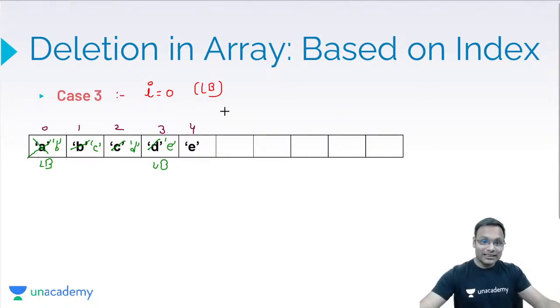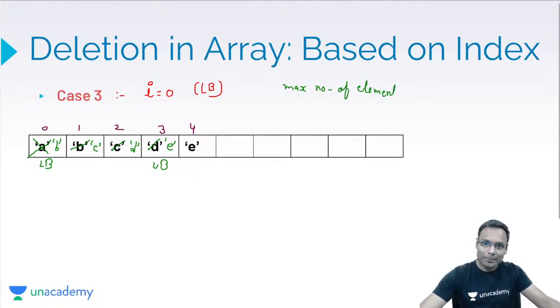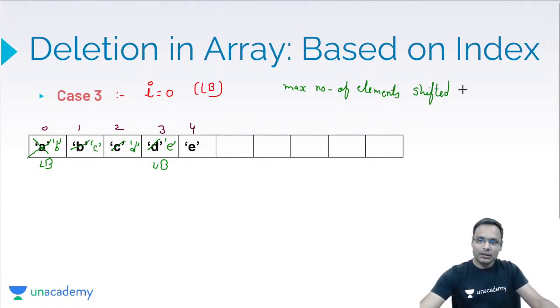Right? So in this particular case, maximum number of elements shifted. Which side are they shifted, towards left or right? Left, one position to the left.